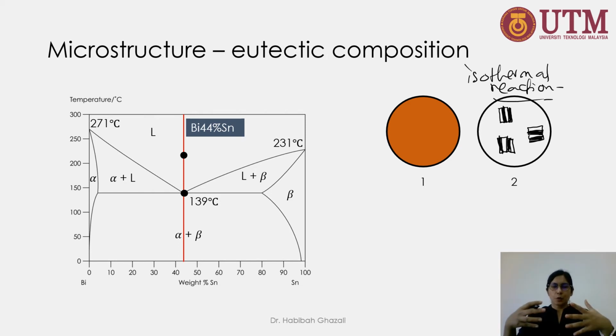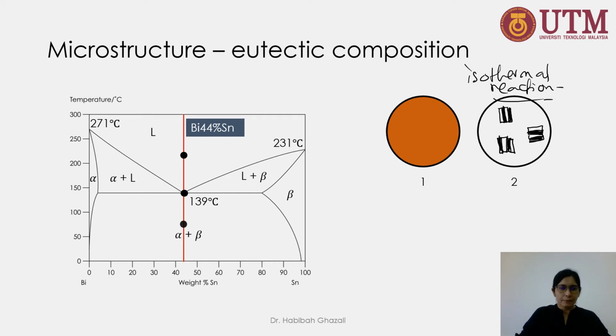So at this point, this alpha and beta will grow bigger and bigger until all the liquid is transformed to become alpha and beta solid solution in a lamellar crystal structure.